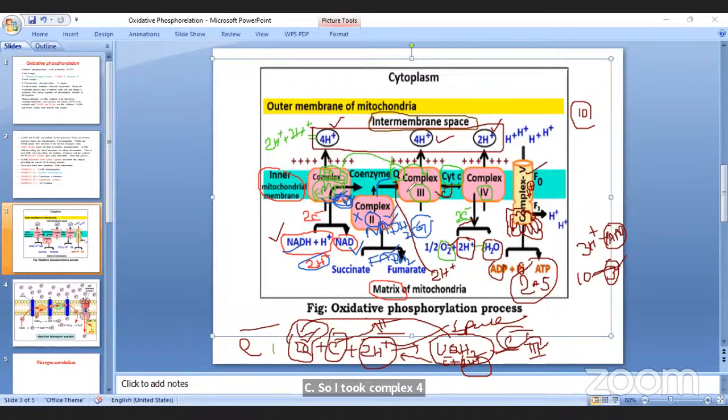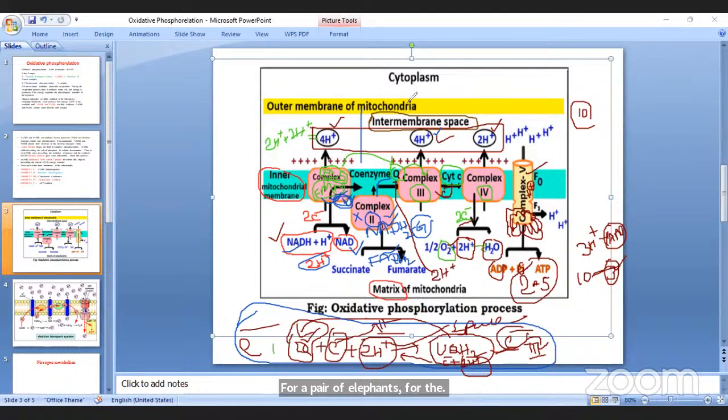Same means how many protons are pumped through the quinol cycle? How many protons pumped per pair of electrons? 4, sir. For a pair of electrons, 4. What about complex 4? 2, sir.